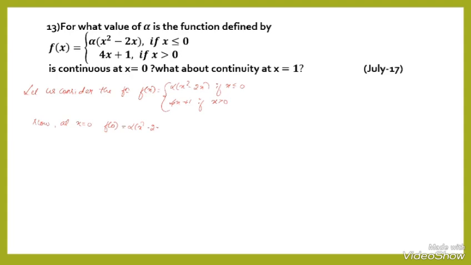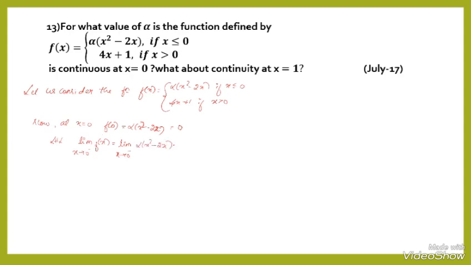Substituting x by 0, we get 0. Again, we have the left hand limit, x tends to 0 minus f of x, which is alpha of x square minus 2x.